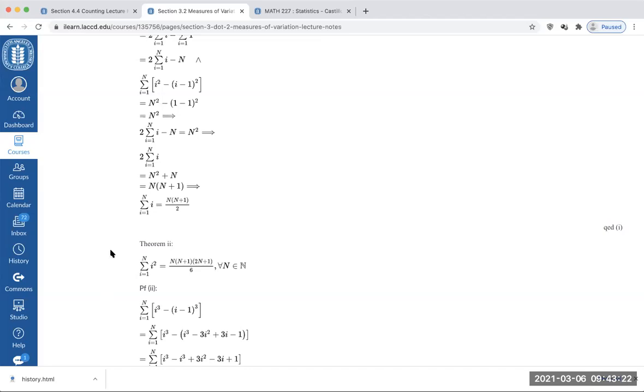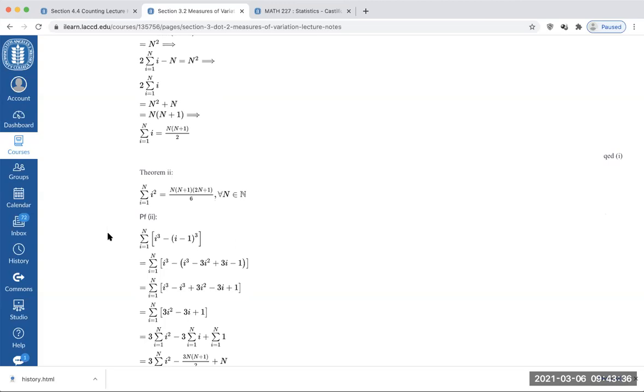Next, let's derive the sum i equal 1 to n of i squared. Show that it's equal to n times n plus 1 times 2n plus 1, all over 6. So this is equal to, well, the sum i equal 1 to n of i cubed minus i minus 1 cubed will equal, using the special product formula, i minus 1 quantity cubed is i cubed minus 3i squared plus 3i minus 1.